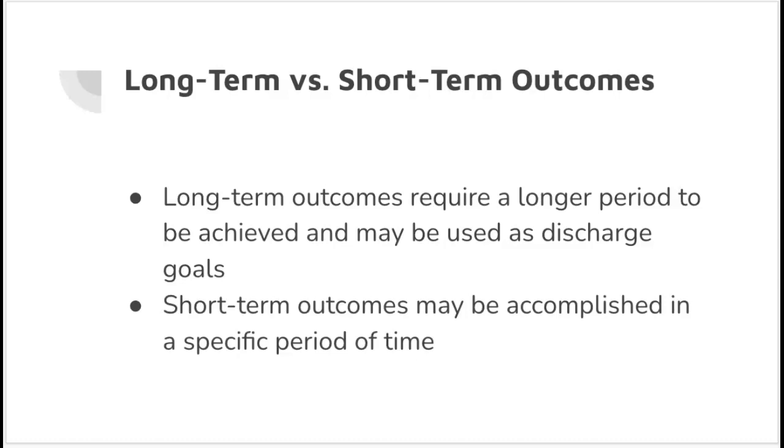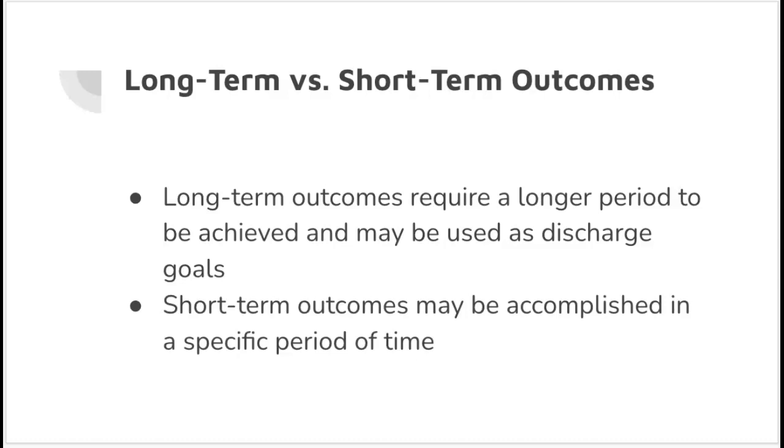As we continue to learn about patient-centered care, we want to make sure that we always involve our patients. We even ask them what goals they want to achieve while they're in the hospital, what they want to do by discharge. And it's always dependent on what is going on with the patient.